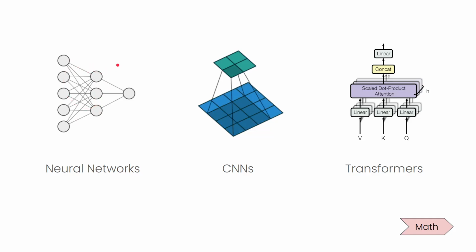Most of the time is spent just doing the matrix-matrix multiplications, which themselves are just multiplication and addition operations. So for the vast majority of the computations that need to be performed, we're just looking at multiplication and addition in neural networks.